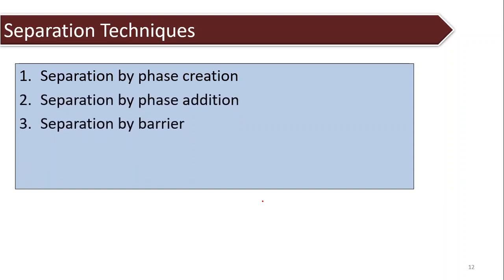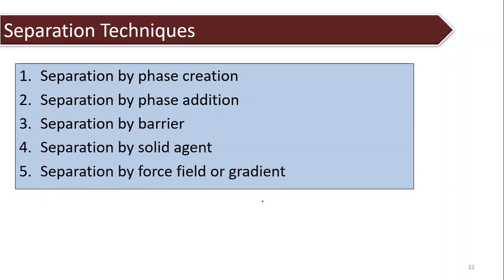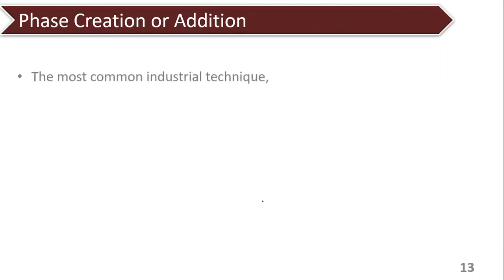It can be separation by barrier, by solid agent, or by force field or gradient. These are the 5 important separation techniques. Using these techniques, we can develop the separator and separate out the different materials.